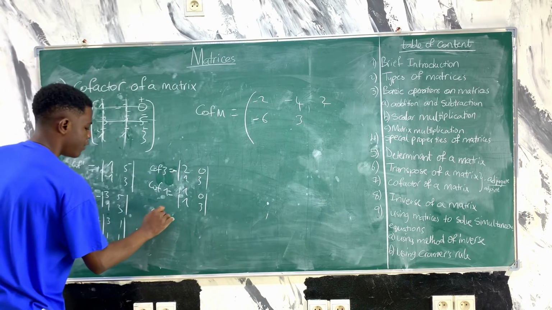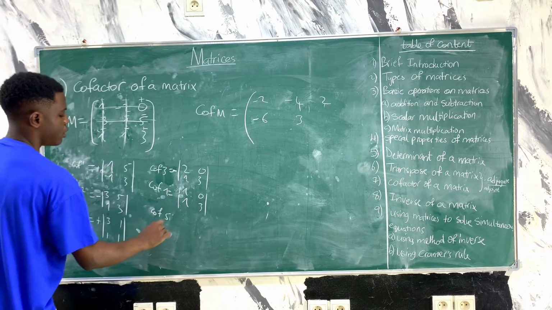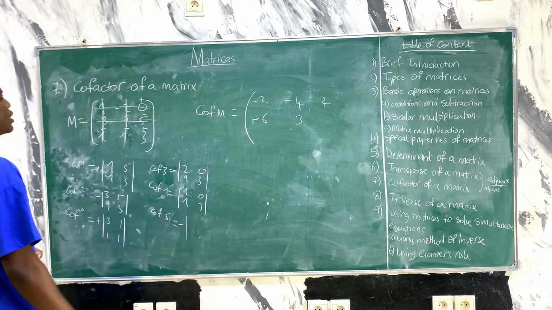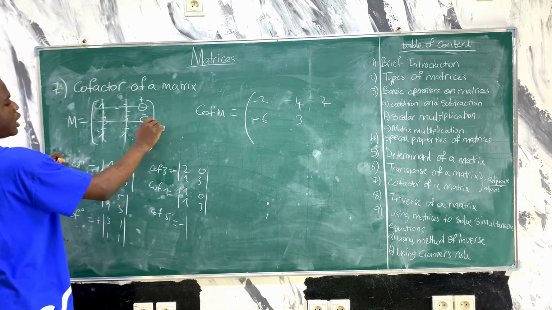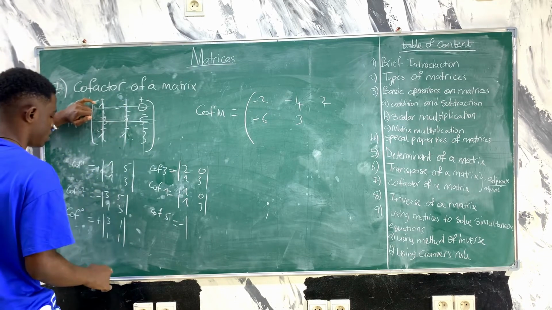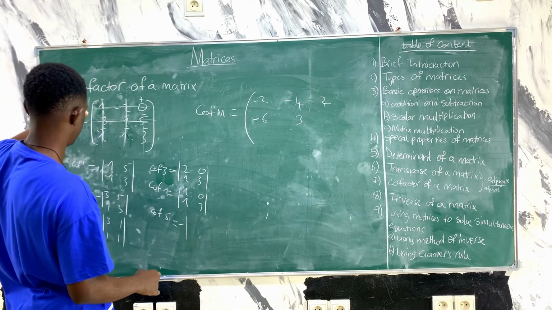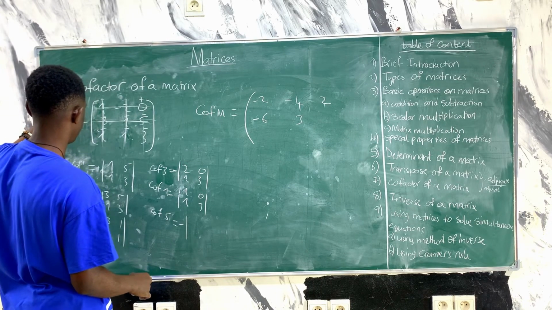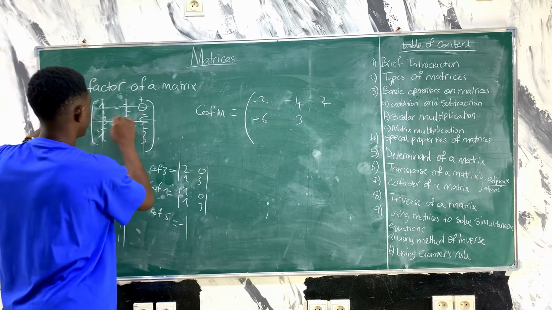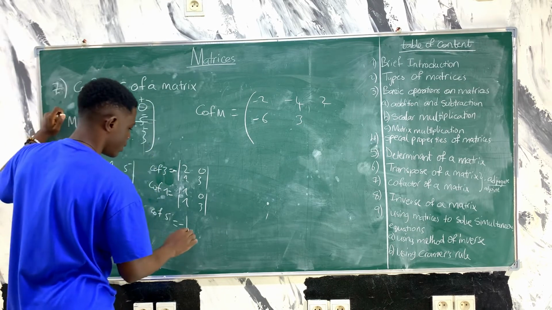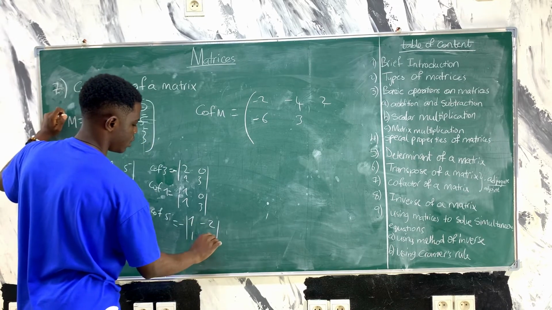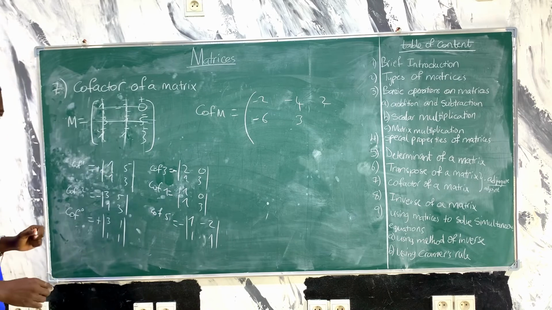You do same for the cofactor of 5. Cofactor of 5, the sign is negative. Put your determinant, you cancel here and here. You have 1, minus 2, 1, 1. That's what you're going to have.